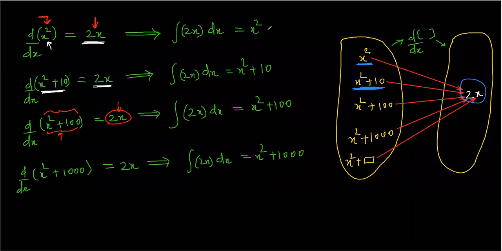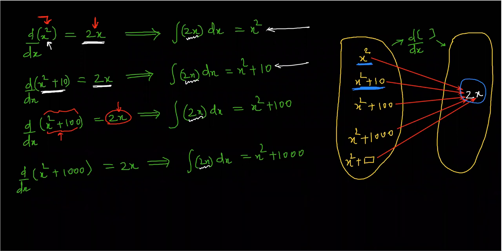In the second one you notice, though it is the same function 2x, here you integrated 2x, here also you are integrating 2x. This is also integration of 2x, this is also integration of 2x. You notice that all these functions which you are integrating are one and only one, 2x.